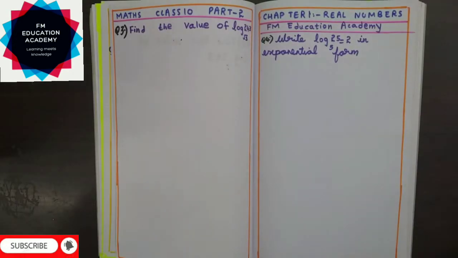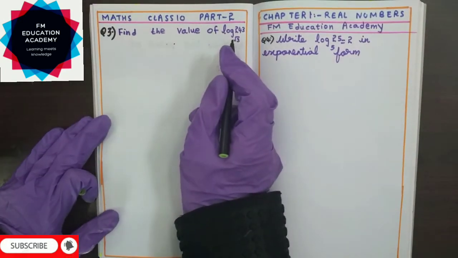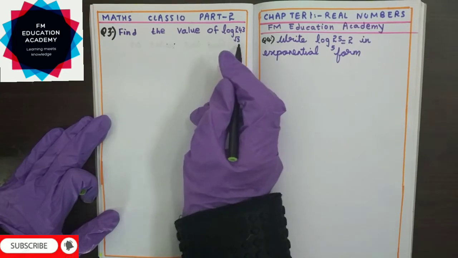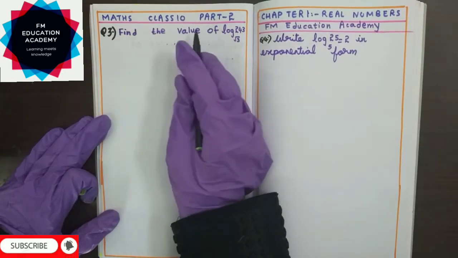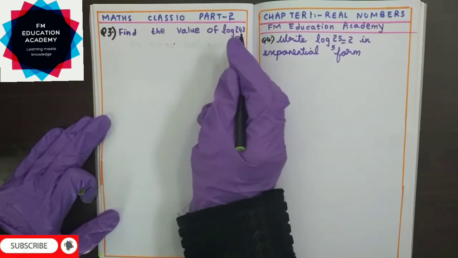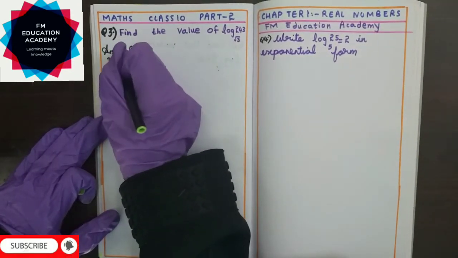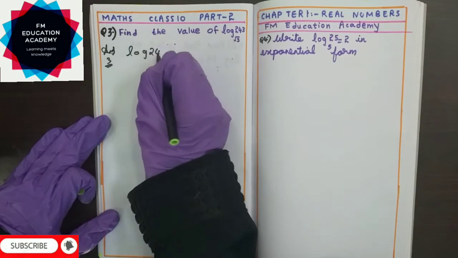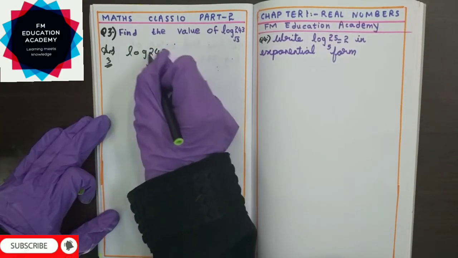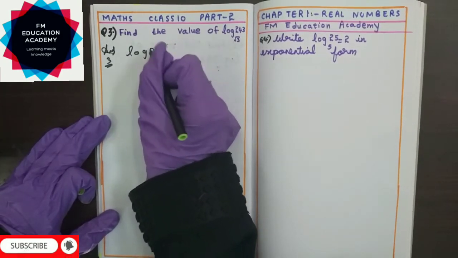So here also it is a similar type of question where it is asking us to find out the value of log 243 to the base root 3. So value means again we will get a number, and how to solve this? First write down log 243 to the base root 3. Now we should expand this 243, that is we should open this 243.